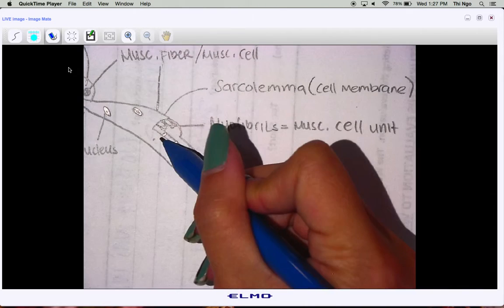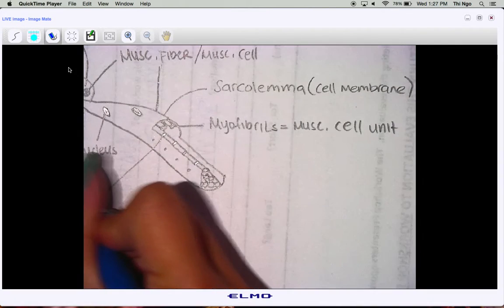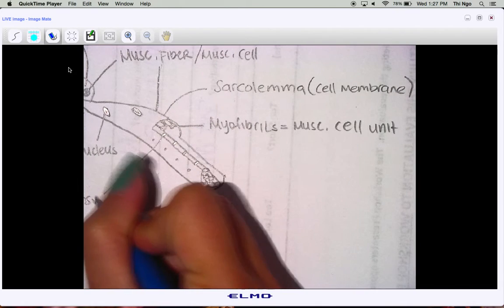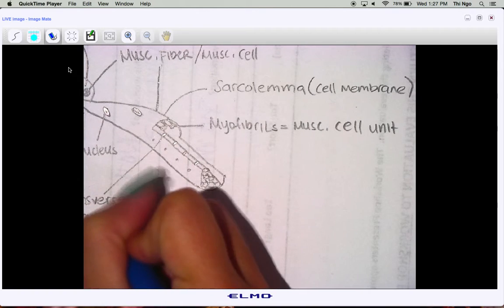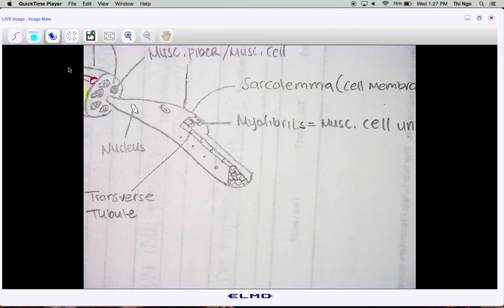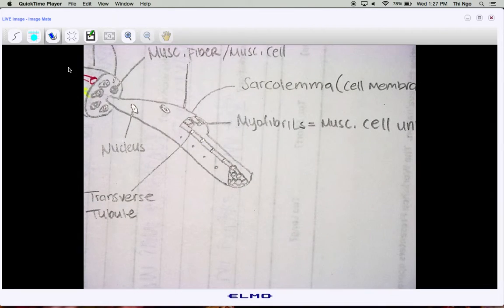And those tubes are called transverse tubules, because they go horizontally across the tube. They let things come in and then go to each myofibril. So it's like a freeway that connects all of the myofibrils.